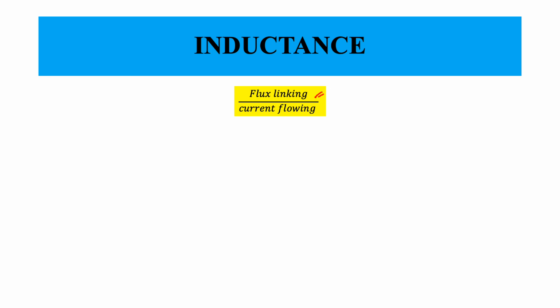To appreciate that, consider a circuit. So this is my circuit and there is some current flowing through it. The circuit is in the form of a wire, and when current flows there is a magnetic field circulating around the current-carrying wire.